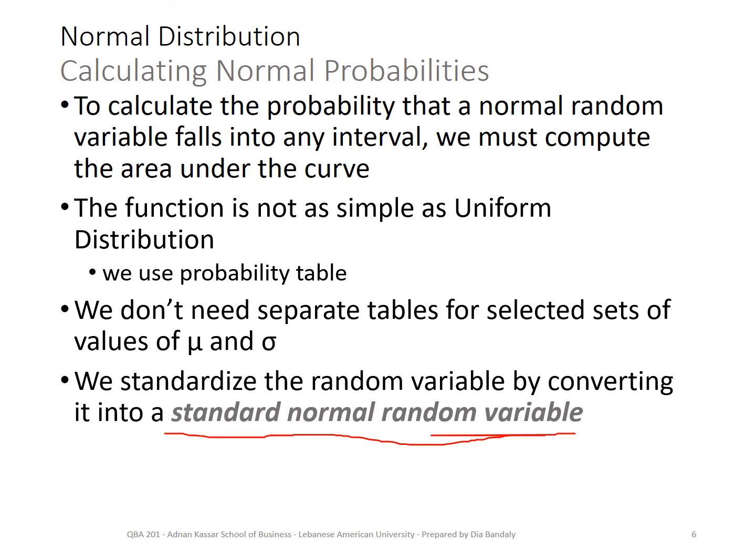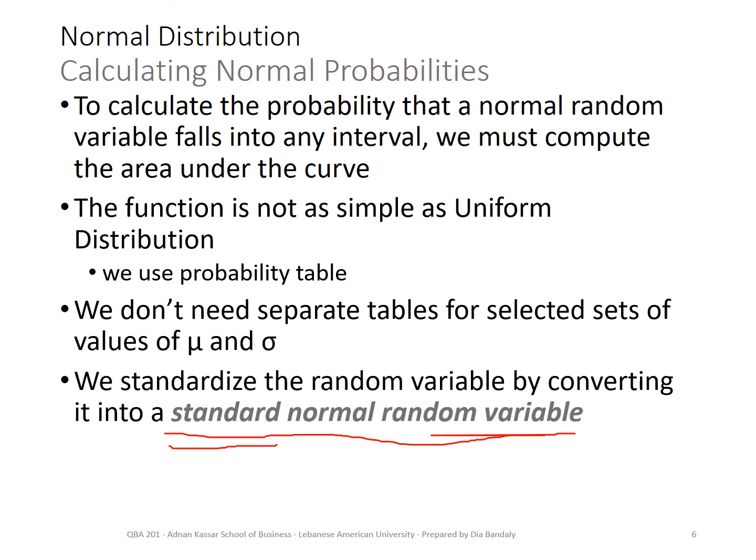Why? Because then for any variable x, I can standardize it. I can find its corresponding standard normal random variable, and there is only one variable called the standard normal random variable; no two variables are called the same.